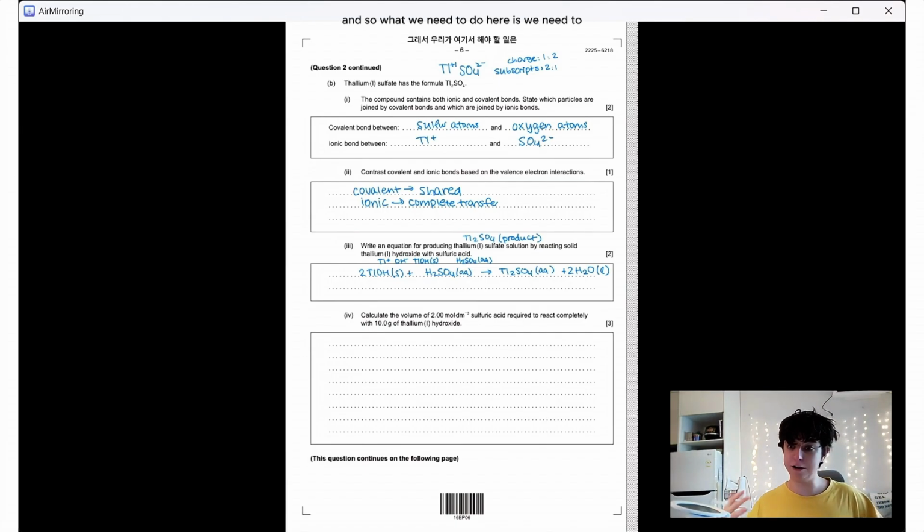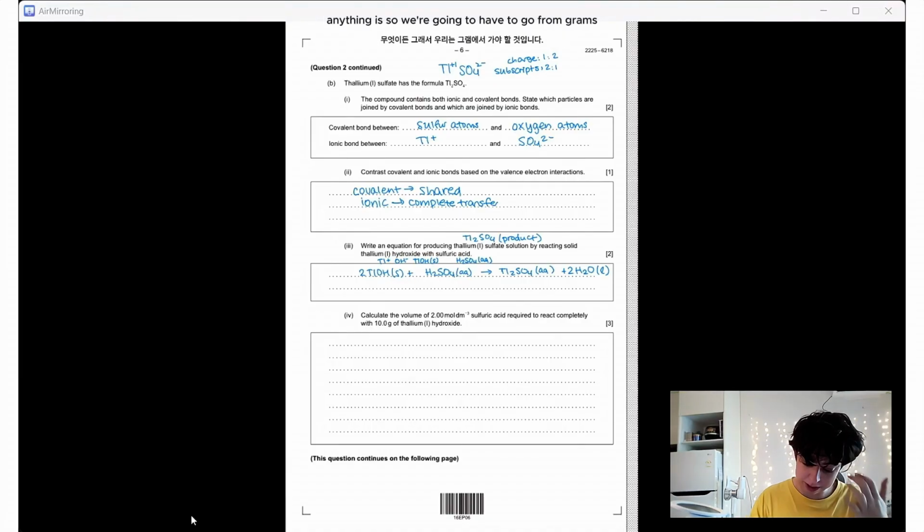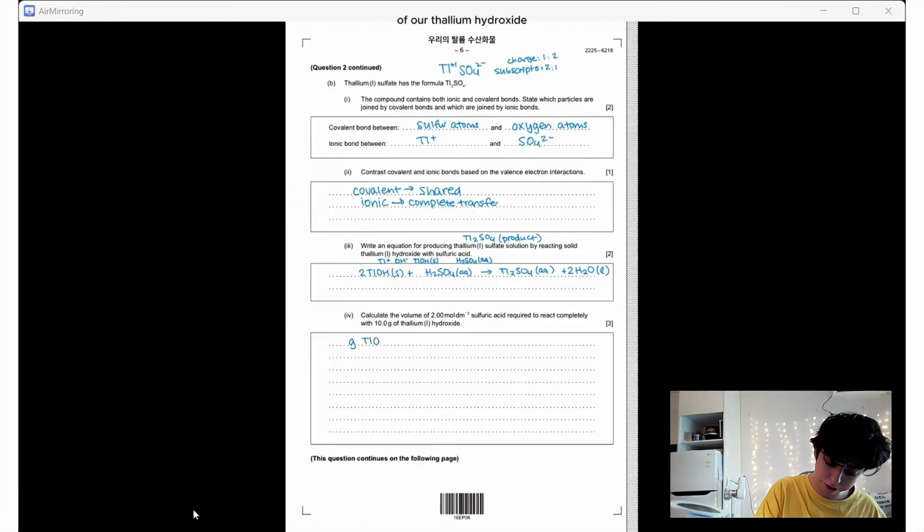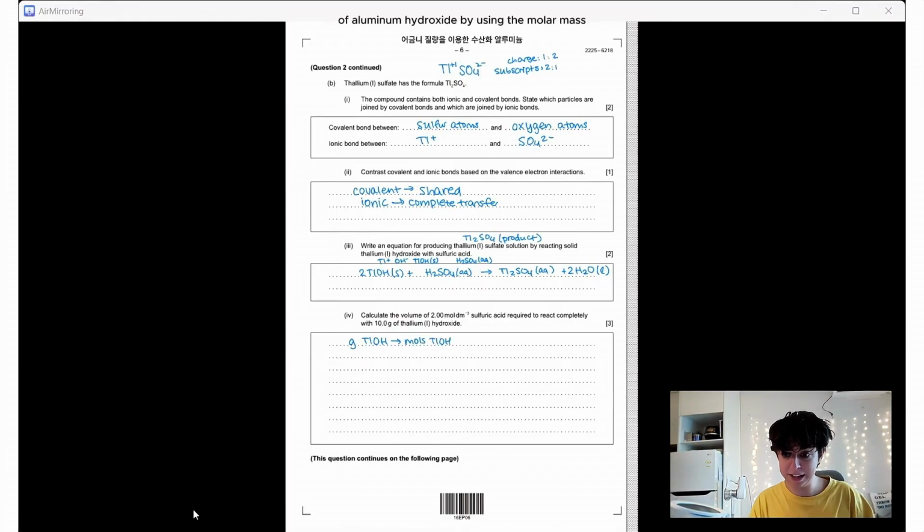And so what we need to do here is we have this balanced equation up here. I always like to make a plan first before we do anything. We're going to have to go from grams of our thallium hydroxide to our moles of thallium hydroxide by using the molar mass, which we can calculate from the periodic table.